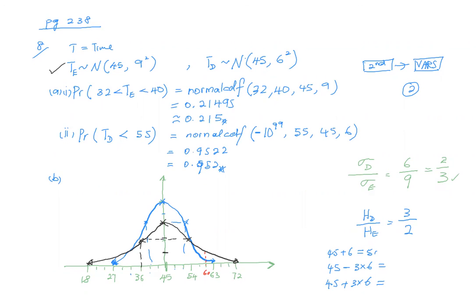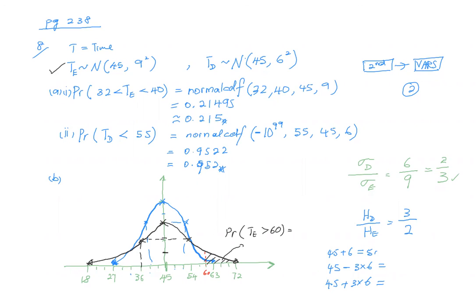So now I got 2 areas here. The one in black is the probability for Uric.